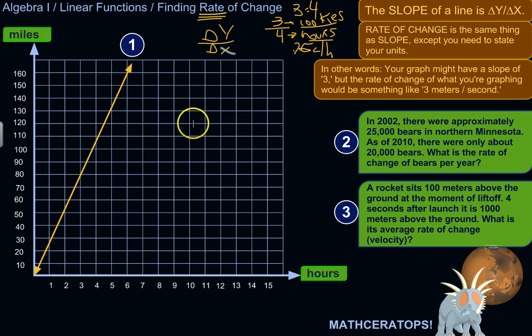So if you've got your line going like this, your rise or your change in y is 1, and your run or your change in x is 2. So for every 2 that you go over, you go up 1.